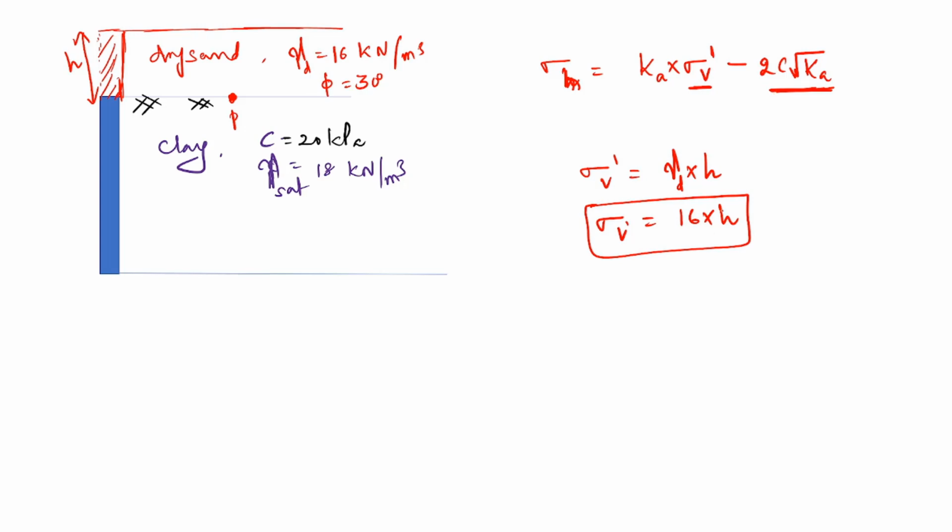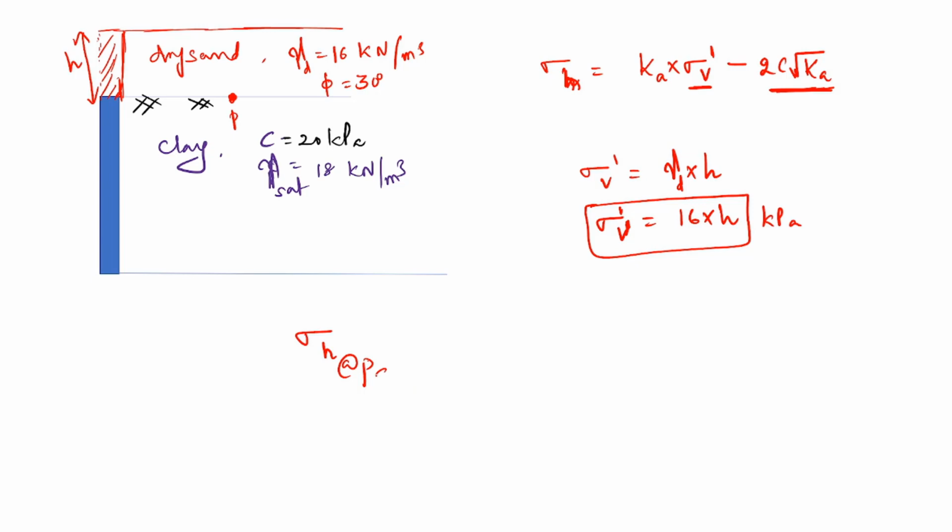We want it to nullify. Okay, now sigma v dash is 16h kPa at this point, due to dry sand presence. Now we will calculate sigma h at P.